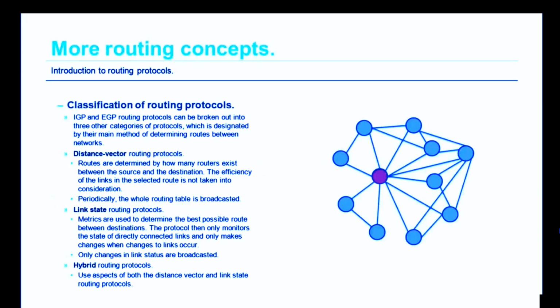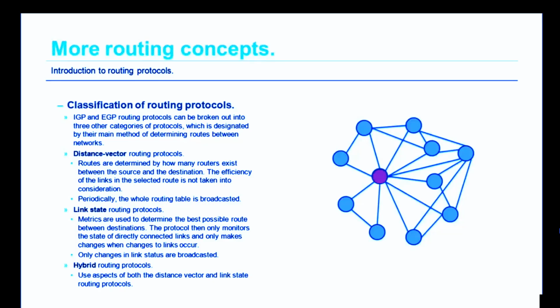Routing protocols can be classified by how they perform their routing. Interior gateway and EGP routing protocols can be broken out into three other categories of protocols, which is designated by their main method of determining routes between networks. The first class of routing protocols are distance vector routing protocols.